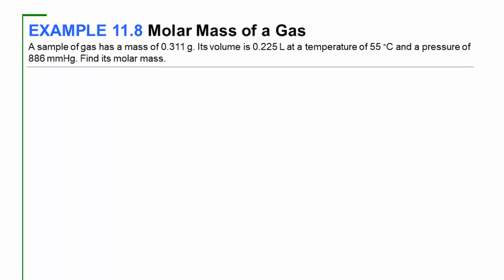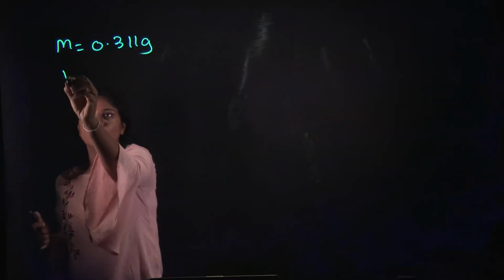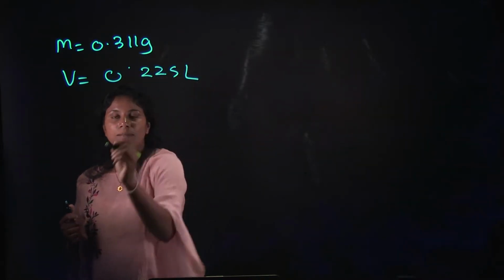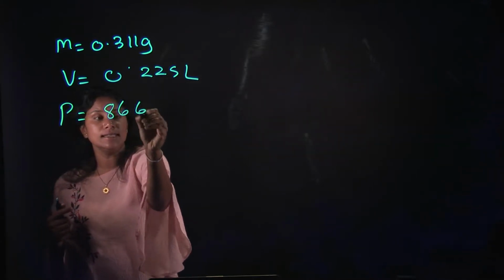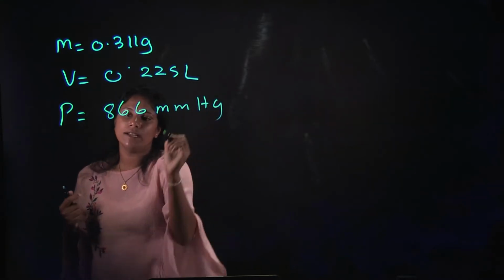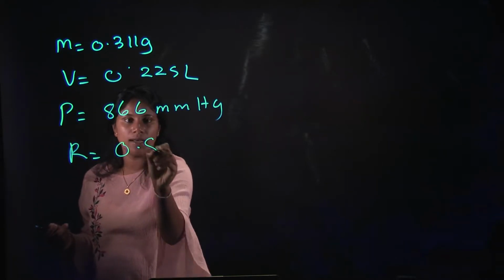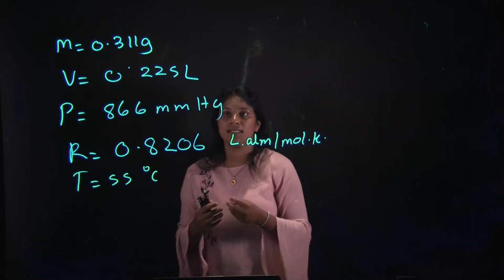Let me write all the data given in the question: mass m is 0.311 gram, volume V is 0.225 liters, pressure P is 866 millimeters mercury, and I also know R, the gas constant, 0.08206.